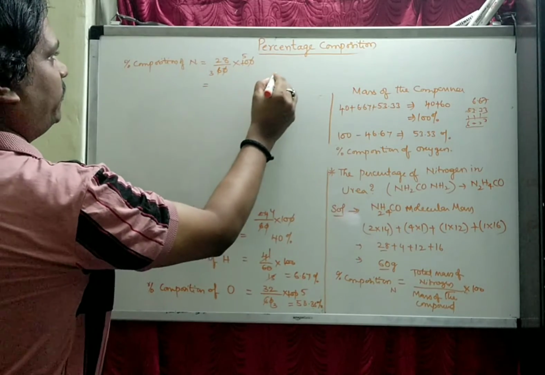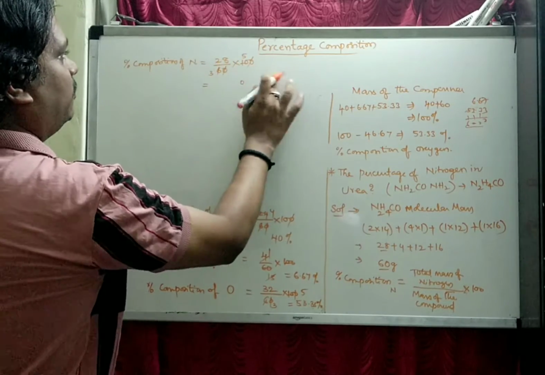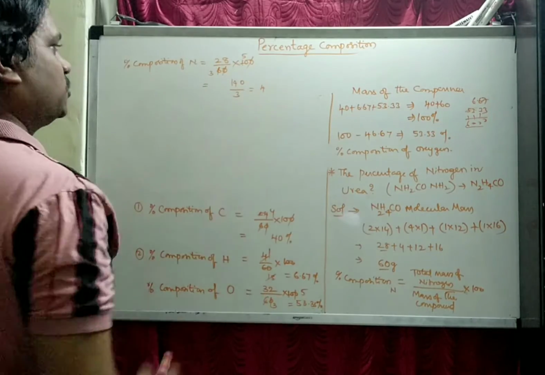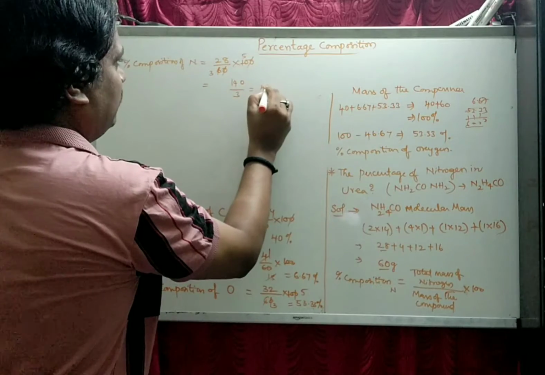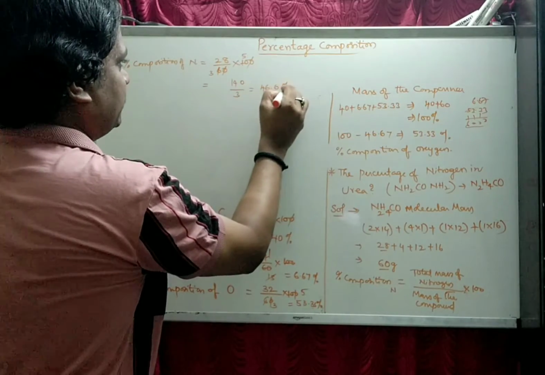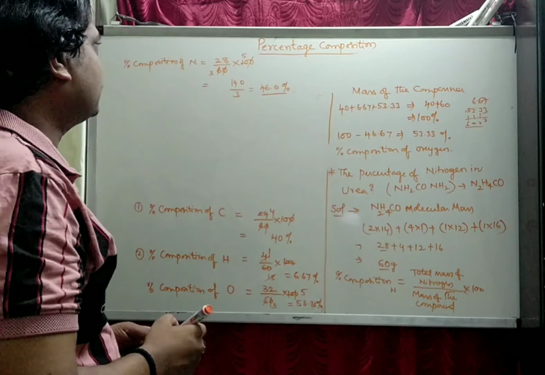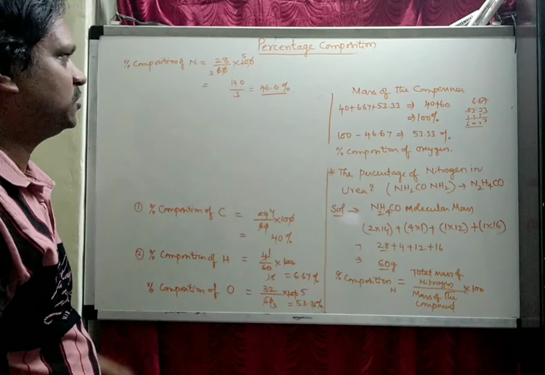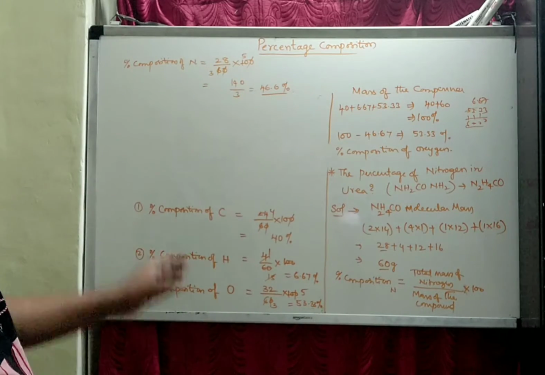So how much do you get? 14 by 3. 3 4s are 12, 20, 3 6s are 18. We get 46.6 percent. So this is the percentage composition of nitrogen in urea, 46.6. You can calculate that easily by this method.